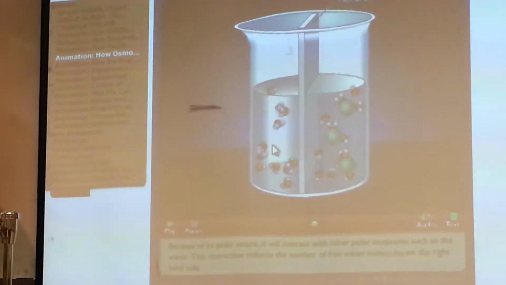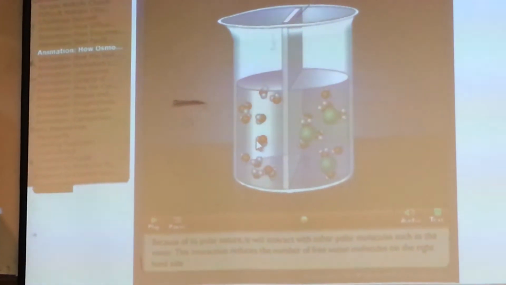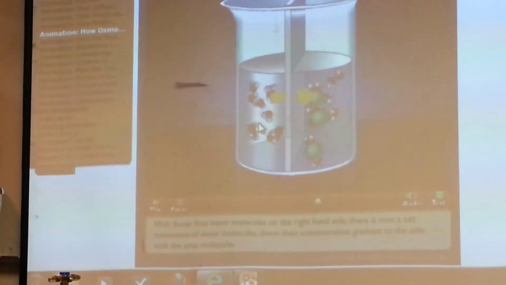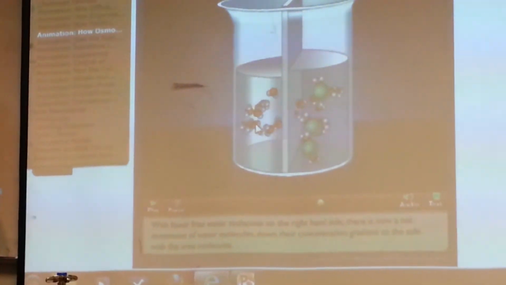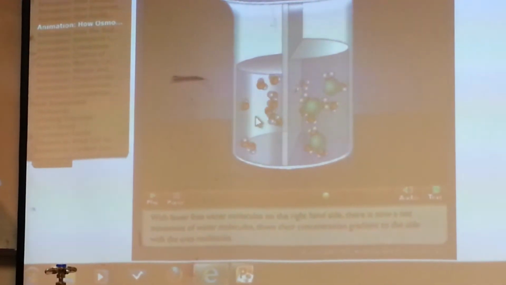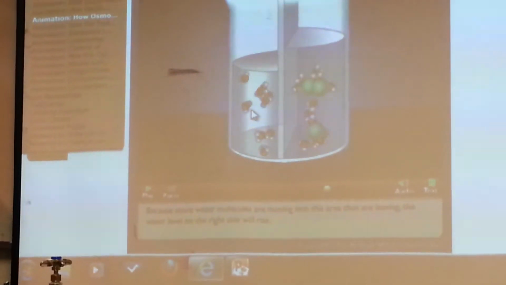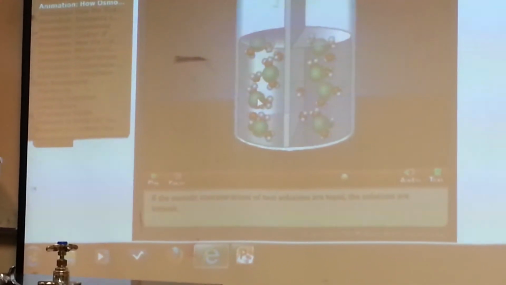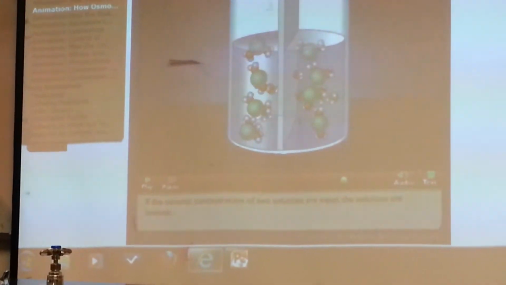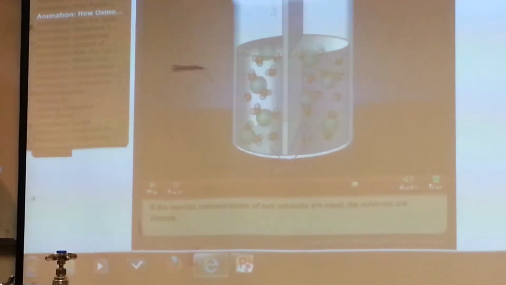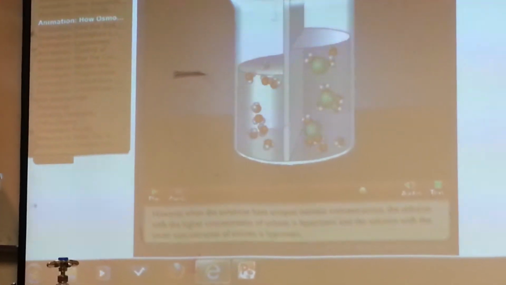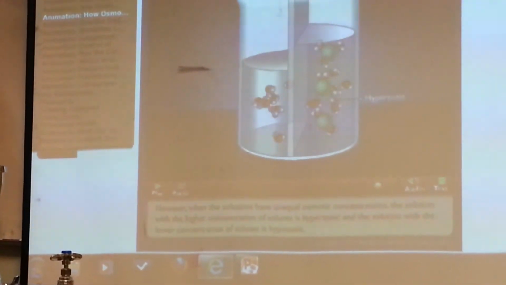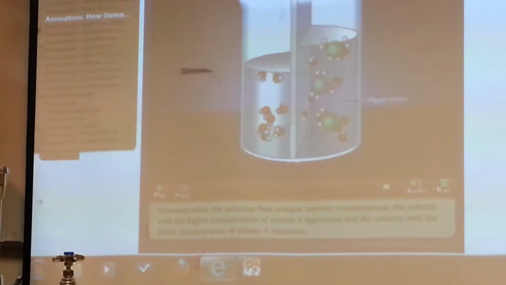This interaction reduces the number of free water molecules on the right-hand side. With fewer free water molecules on the right-hand side, there is now a net movement of water molecules down their concentration gradient to the side with the urea molecules. Because more water molecules are moving into this area than are leaving, the water level on the right side will rise. If the osmotic concentrations of two solutions are equal, the solutions are isotonic. However, when the solutions have unequal osmotic concentrations, the solution with the higher concentration of solutes is hypertonic, and the solution with the lower concentration of solutes is hypotonic.